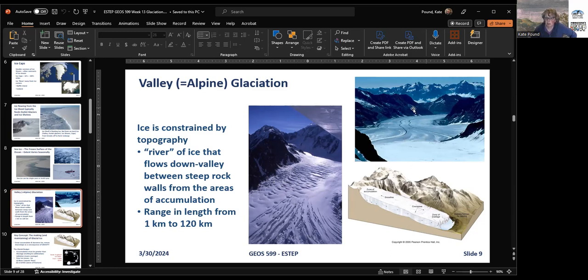Something else I want you to notice is these dark lines in this glacier. This glacier in the upper right is actually flowing away from us down valley. And these are what are called medial moraines. That's rock debris that collects on the edge of a glacier, falls down the valley walls.